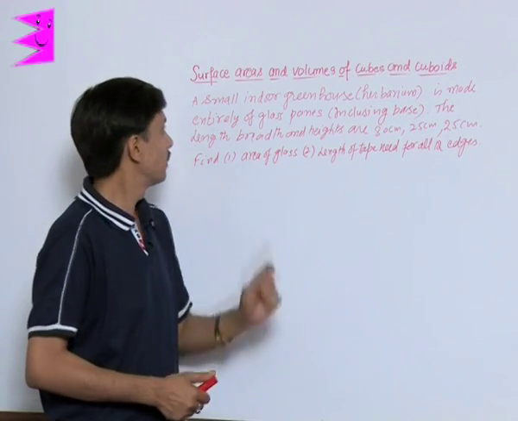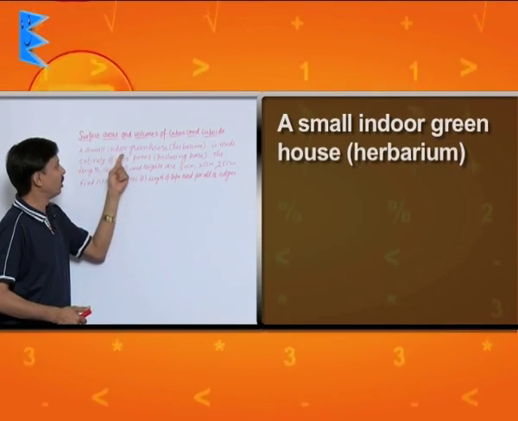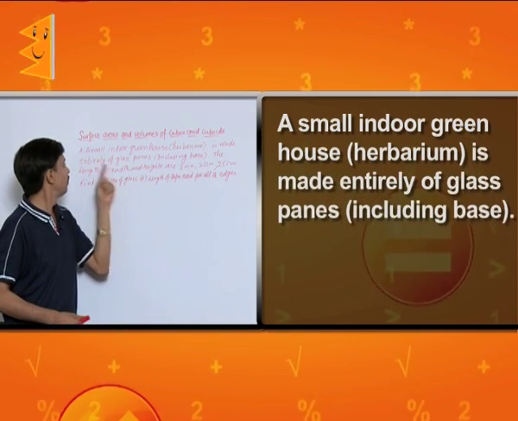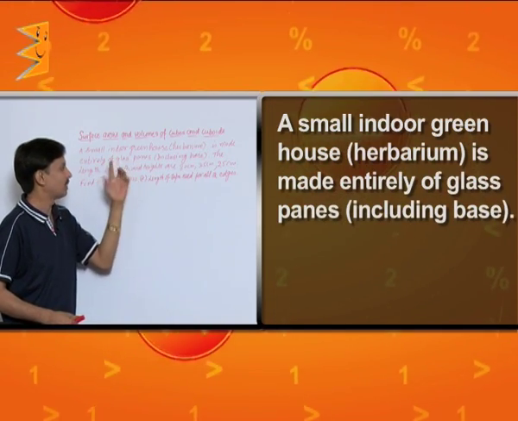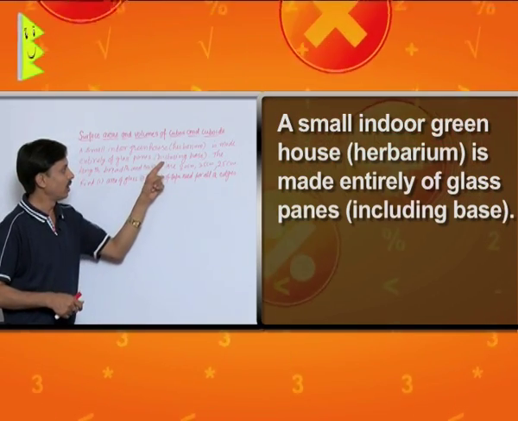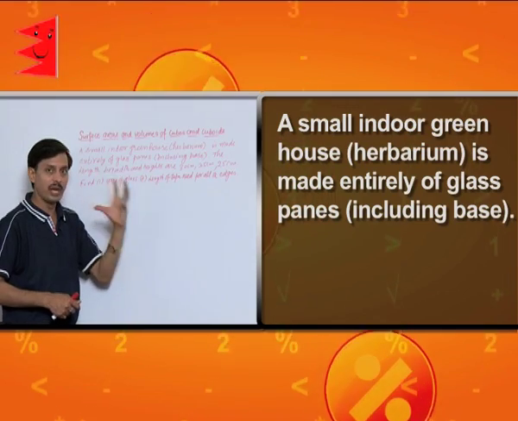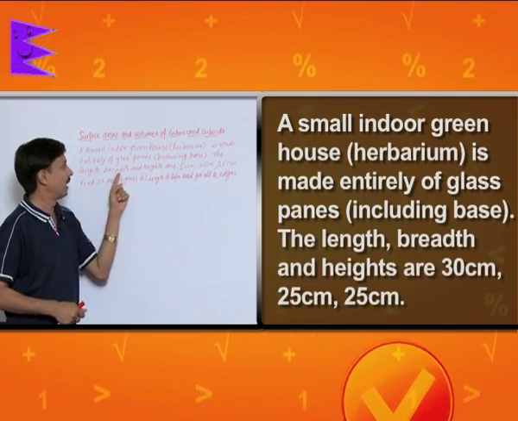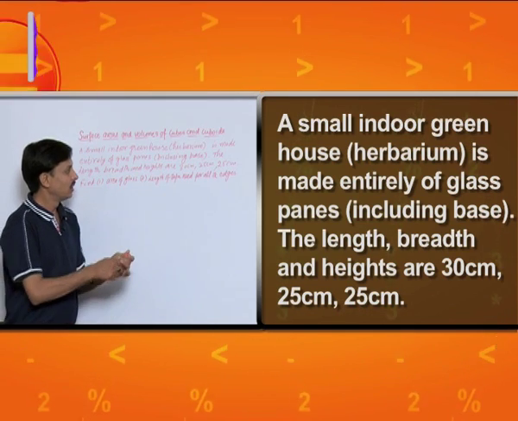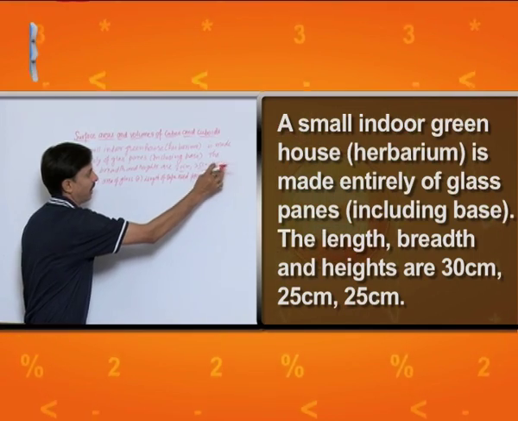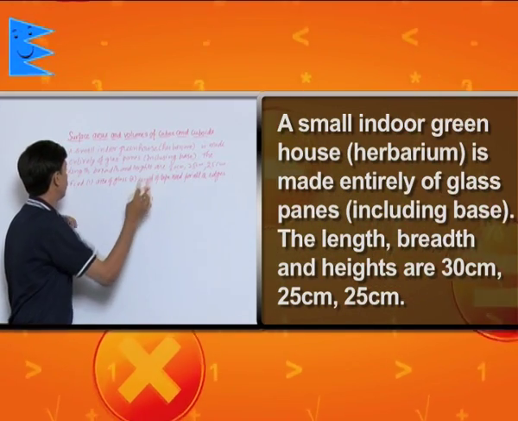The question is: a small indoor greenhouse herbarium is made entirely of glass panes, rectangular pieces of glass, including the base. The base is also of glass. The length, breadth and height are 30 centimeter, 25 centimeter and 25 centimeter.